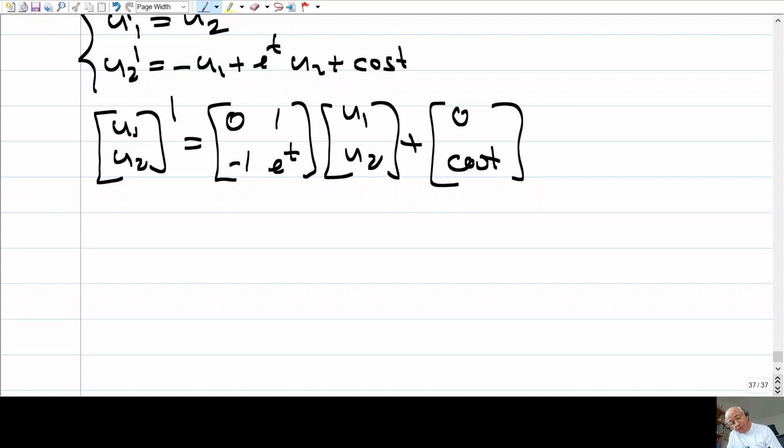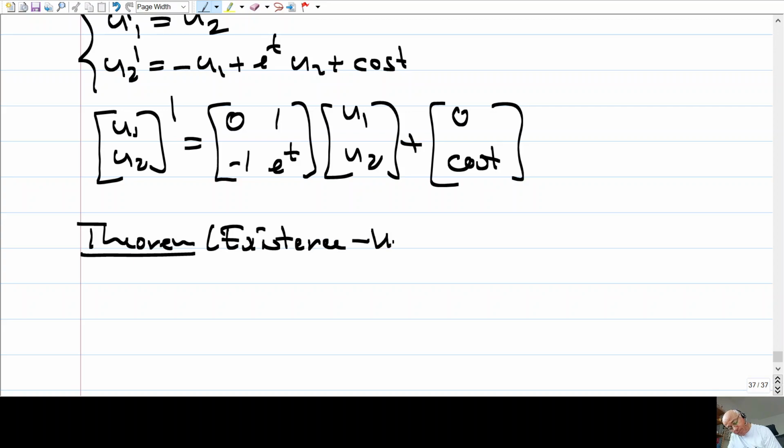Well, we have the following general form. And we have the following existence uniqueness theorem. Please stop me if you have anything you don't understand.